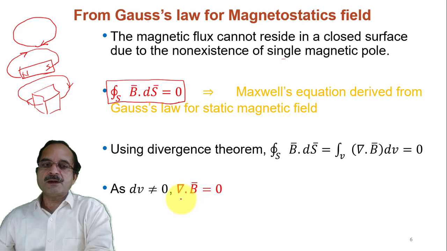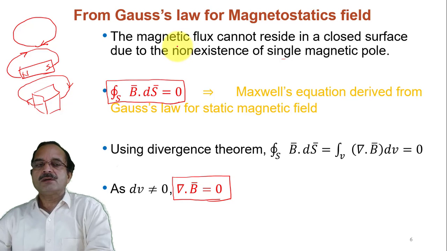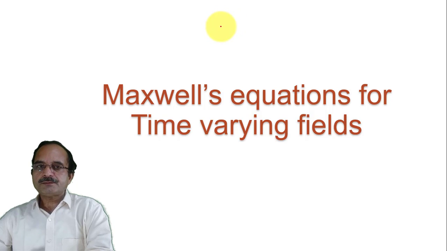So that means divergence of B must be 0. So this is the point form or the differential form of Maxwell's equation derived from Gauss law for magnetostatic field. So these are the 4 sets of equations for static fields.